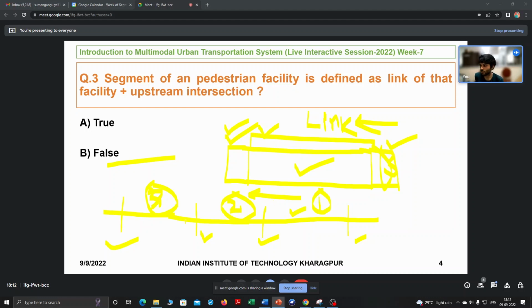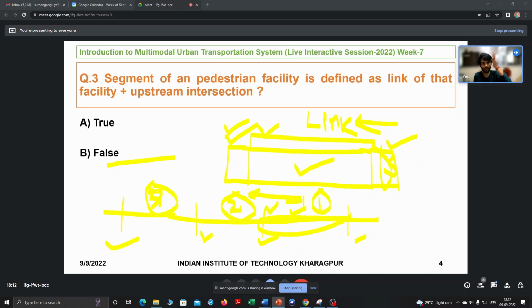So suppose we are saying a segment of a pedestrian facility. What could be a segment? If that's a link, then you need to take that intersection whenever you are saying it's a segment in the case of a pedestrian facility, because this is the link and it is in the downstream direction. What is downstream? Downstream means down, not up.